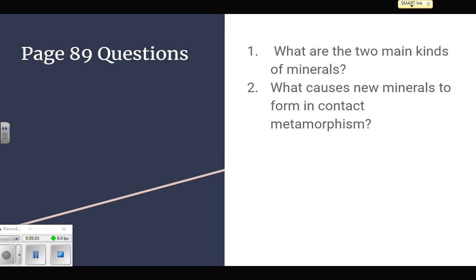Question number 2, what causes new minerals to form in contact metamorphism? Answer, magma heats rock.